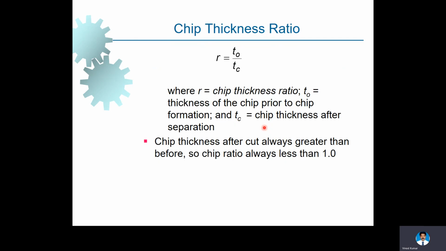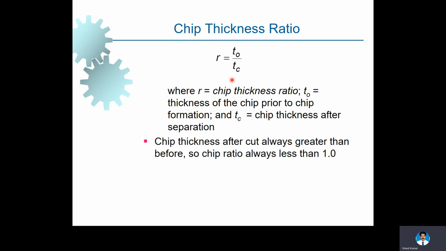Now we can see the chip thickness ratio. What is the chip thickness ratio? It is the ratio of the initial chip thickness divided by the final chip thickness, T0 divided by TC. The thickness after the cut is normally greater than before the cut.